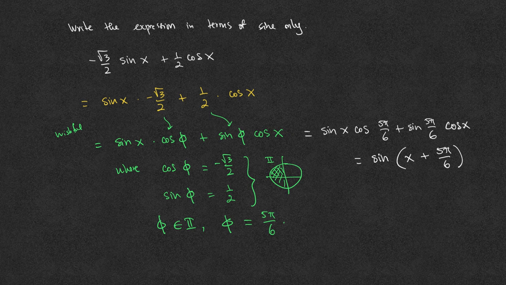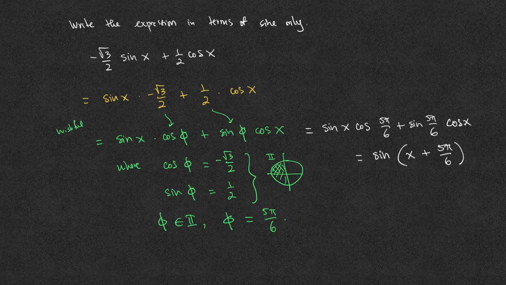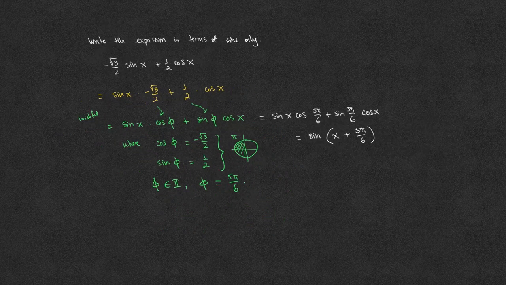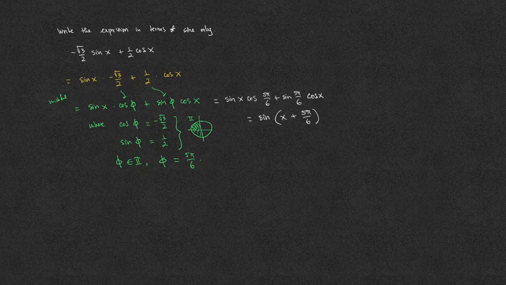Now, there is another easier way to do this, although we have to know the formula. There is a formula that would rewrite the sums of sines and cosines, and this is precisely what it is.